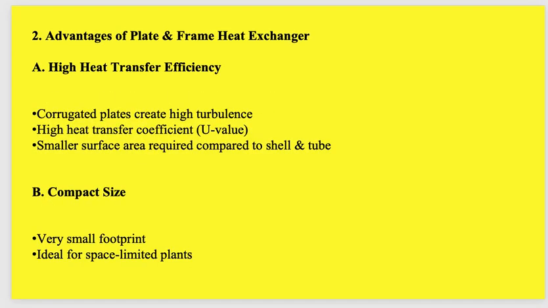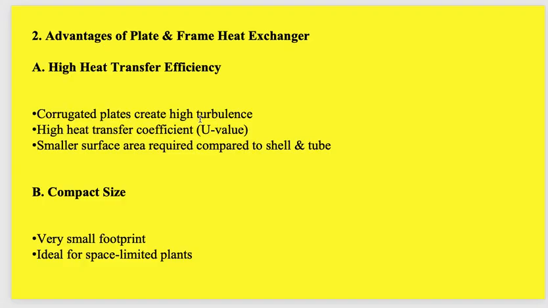We need to understand the advantages of the plate and frame heat exchanger and when we can use this type. High heat transfer efficiency is required. This type of corrugated plates creates high turbulence.